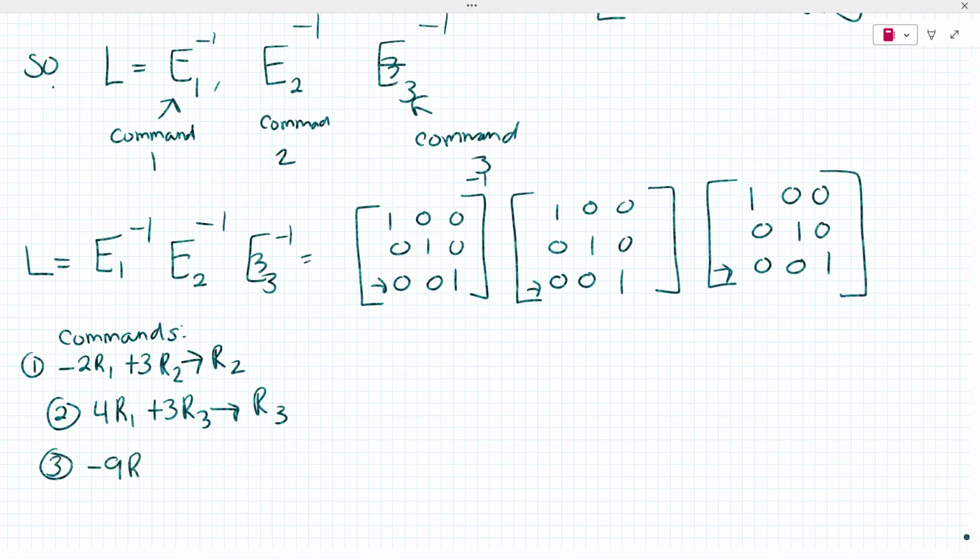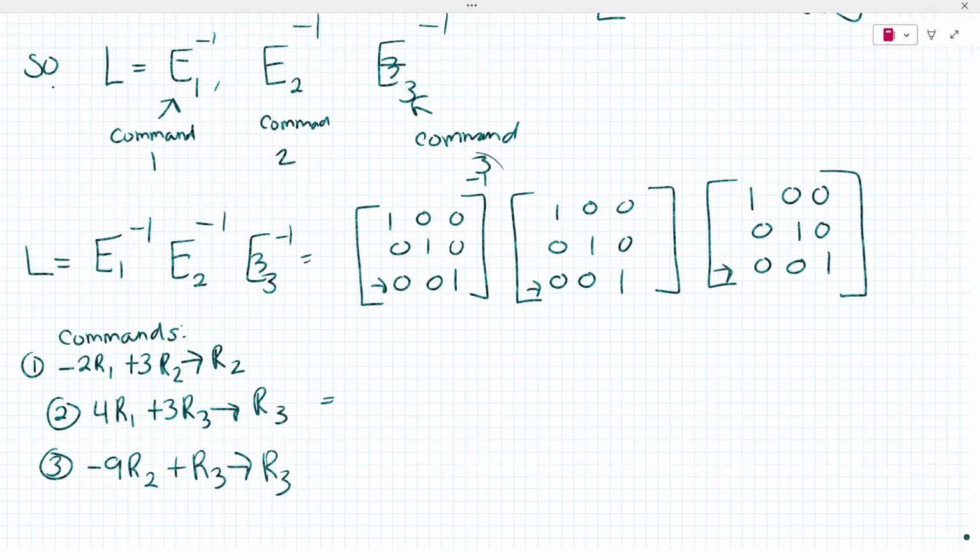These are all the commands, the row operations we've done. Okay, so let's start with command 1: -2 times row 1 plus 3 times row 2 gives us your new row 2.